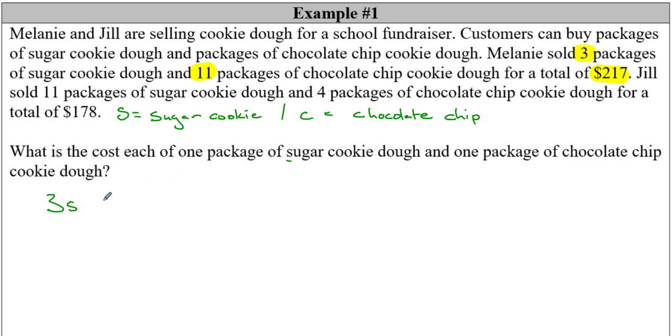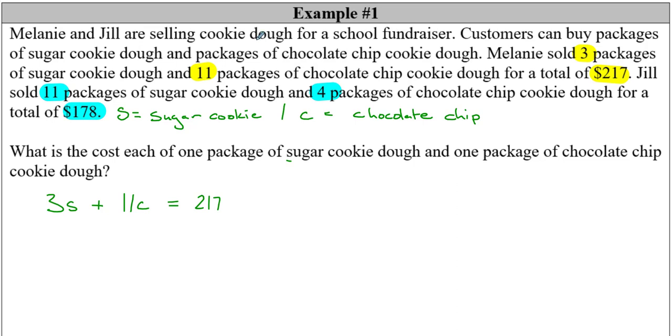And then I am adding the 11 packs of chocolate chip, so that would be 11 times however much the chocolate chip costs. And after I sell both of these types of cookie dough, I get a grand total of $217. Okay, then we also have Jill selling 11 and 4, and she makes 178.